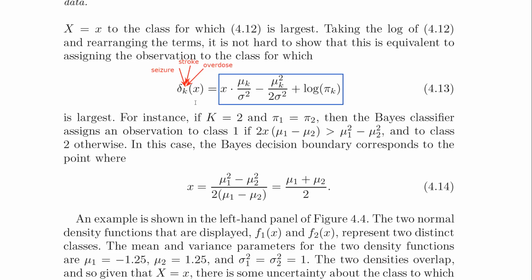For a specific predictor value, for a specific x, you calculate what we're denoting by delta k of x. Whichever of these k's gives you the largest delta k of x, you then classify that x under class k, and you're done. That's how your model is going to work.